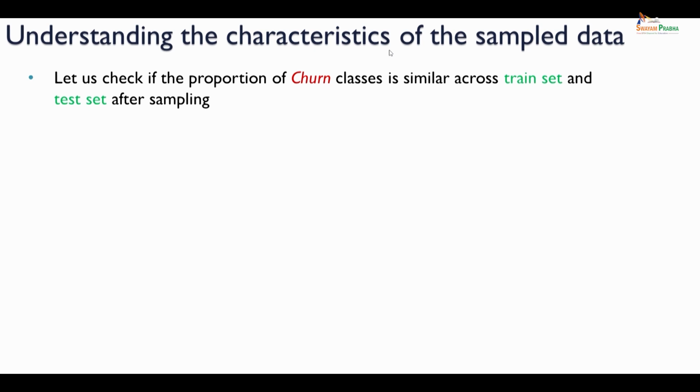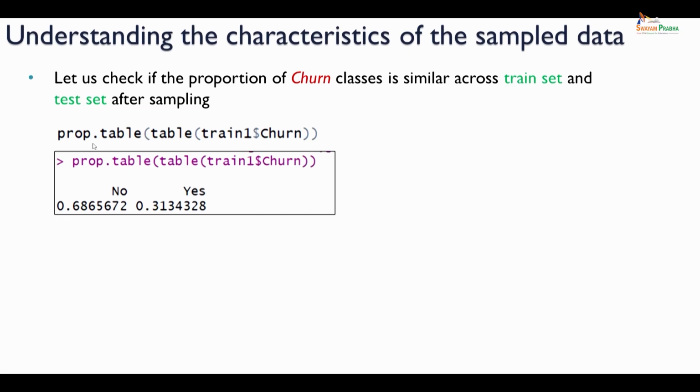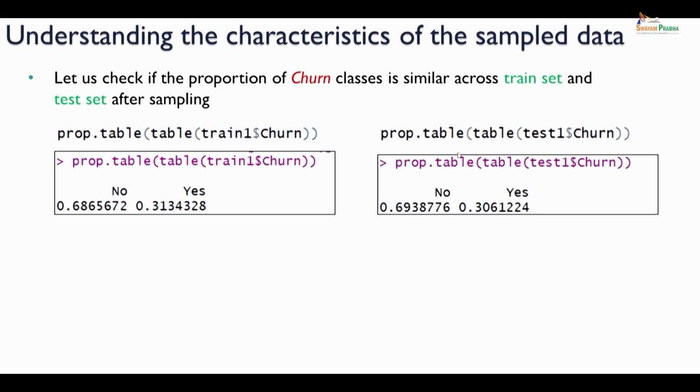Similar to simple random sampling, here also we can check whether the proportion of churn classes is similar across the train set and test set after sampling. I am using prop.table to check if the proportion of train 1 is similar to the proportion of test 1.